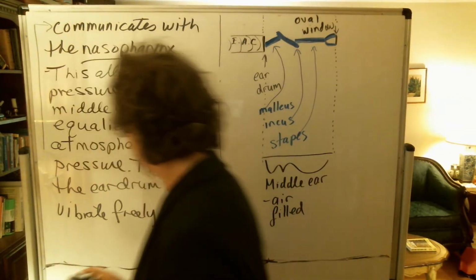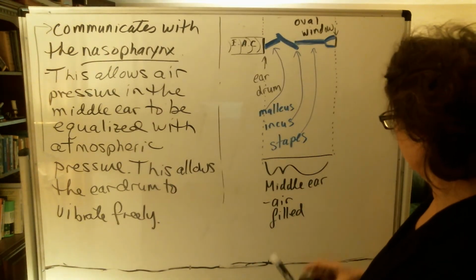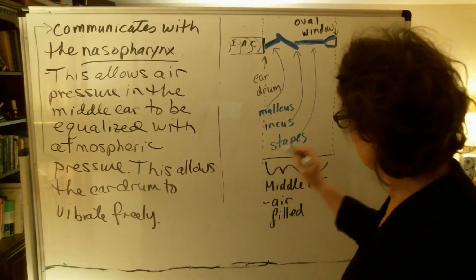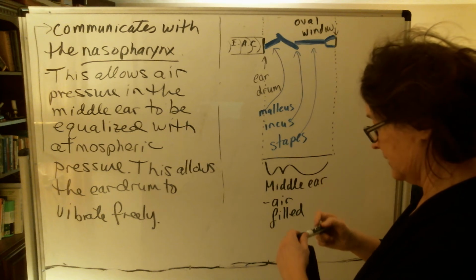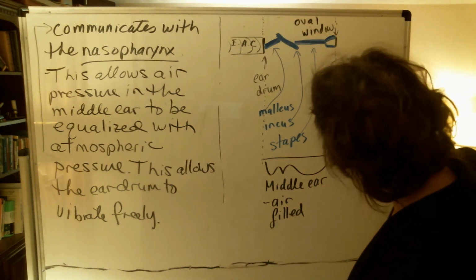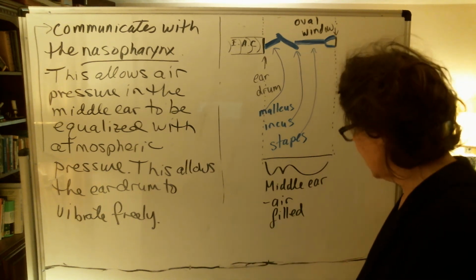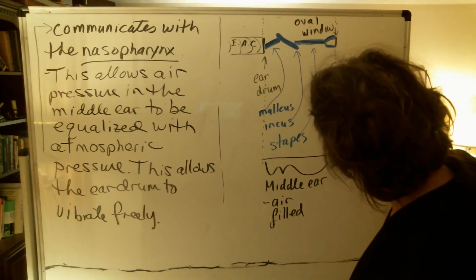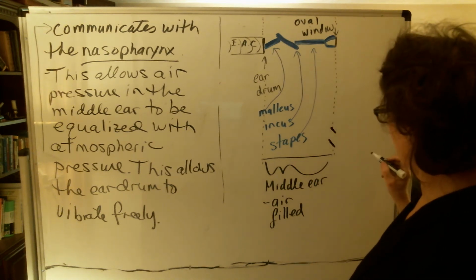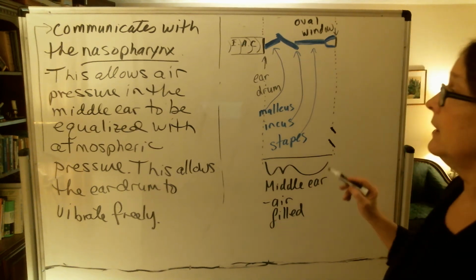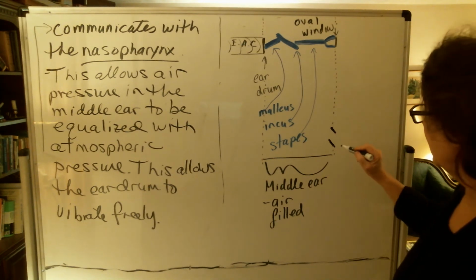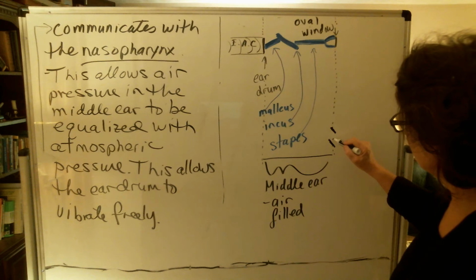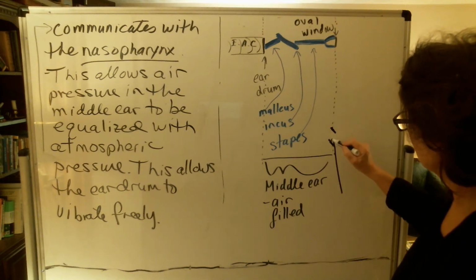And I'm just going to do this highly diagrammatically. Remember, this is all bone here, and so what happens then is that you've got a little escape valve here, like this. It's actually tiny. I'm way overdrawing it there. But there, then, we have the pharyngotympanic tube.